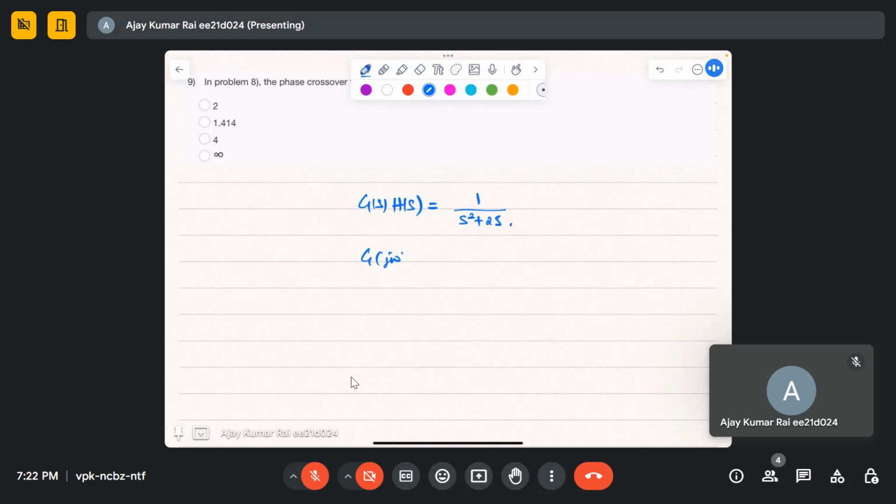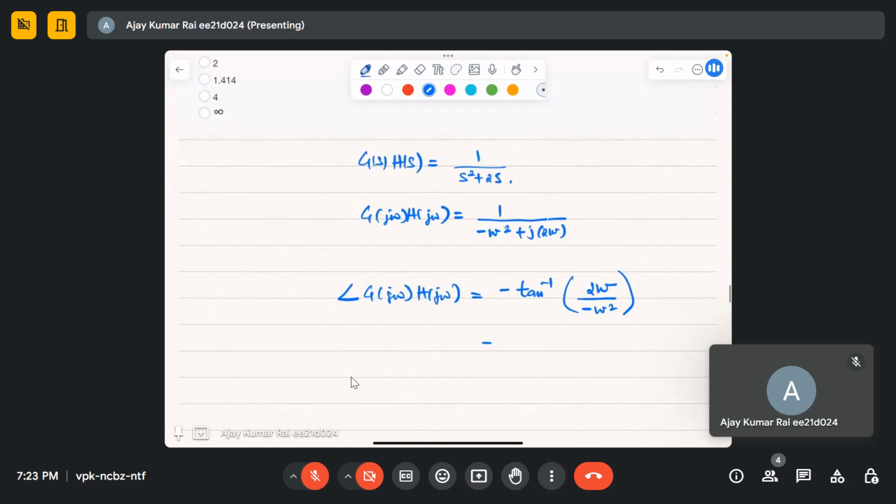If we write s equal to j omega and find the phase, it will be minus tan inverse of 2 omega by minus omega square, which will be equal to plus tan inverse of 2 by omega. So this is the angle.